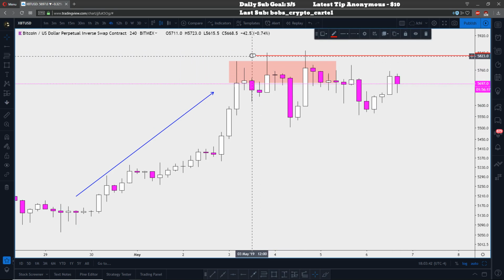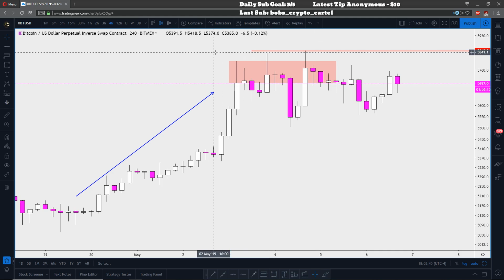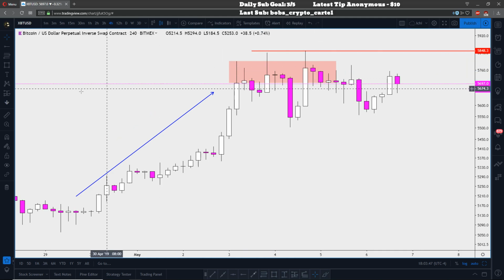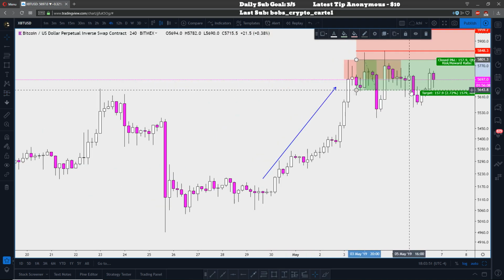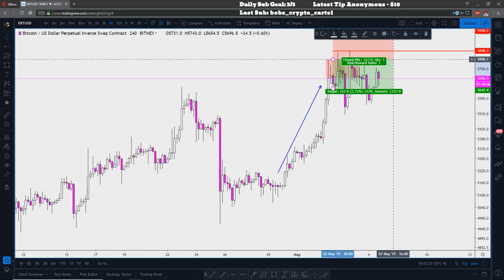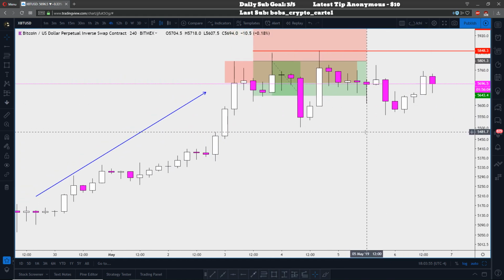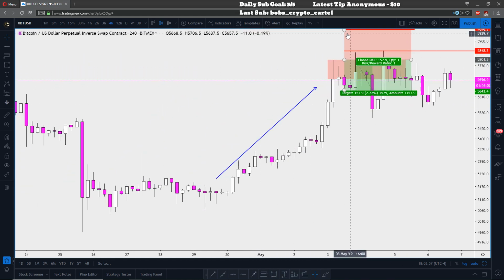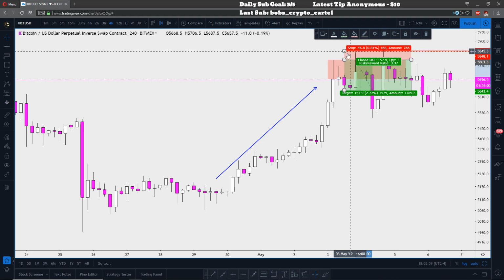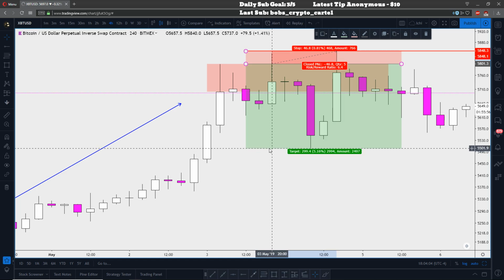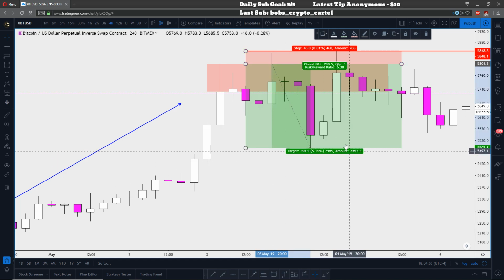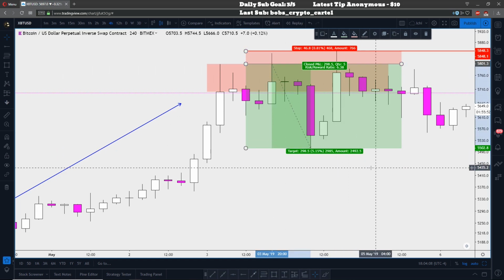So if you put your stop loss above that wick, you enter here, you can have a very good R to R. As you can see here, your maximum potential on this trade was a 6-to-1.